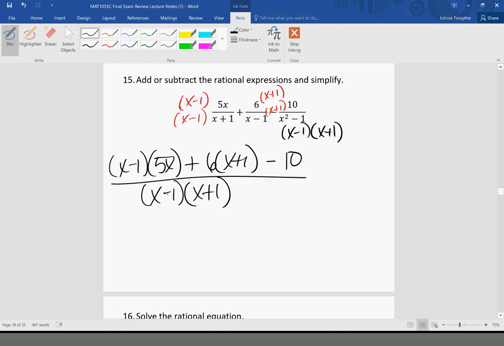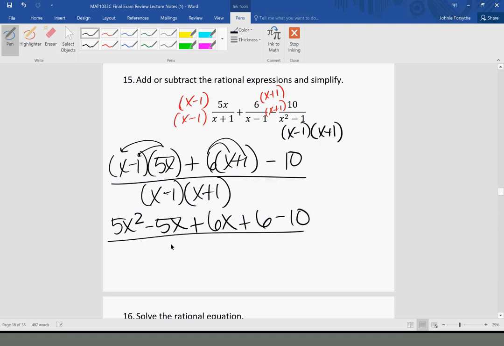So now I need to multiply the top. So I'm going to have 5x times x is 5x squared. 5x times negative 1 is negative 5x. Plus 6 times x is 6x. 6 times 1 is 6 minus 10 over x minus 1, x plus 1.